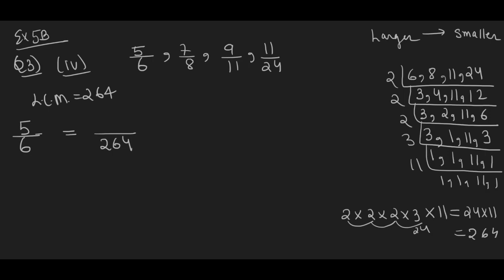The easy way to do this is you simply divide 264 by the denominator and you get the number which you need to multiply in numerator and denominator. If you divide 264 by 6, you will get 44. You multiply with 44 in the numerator and denominator. So this will be 44 into 5.